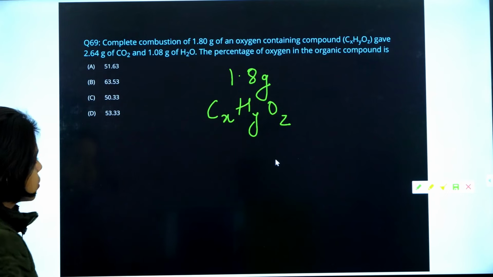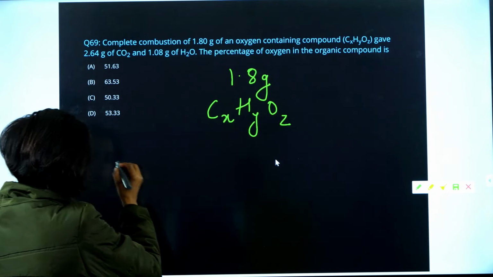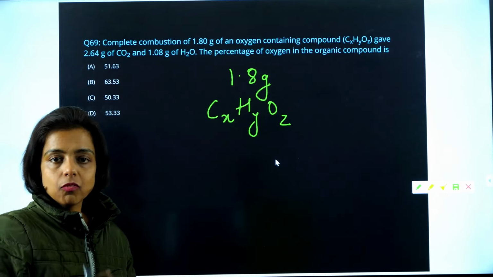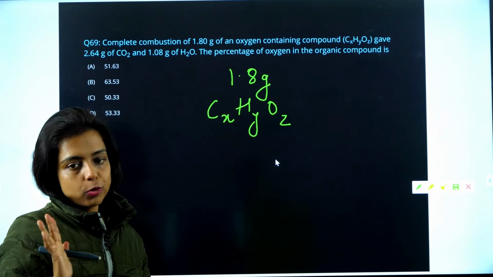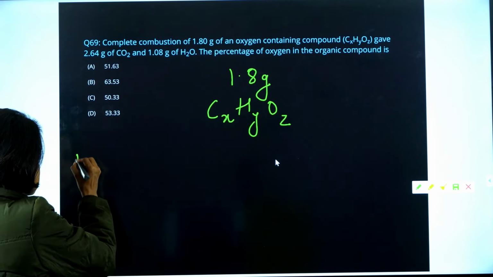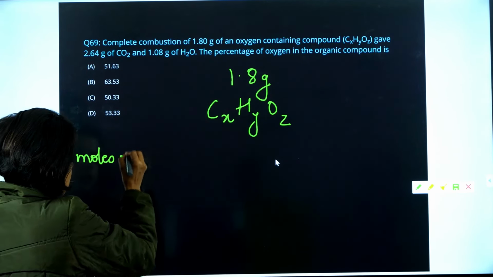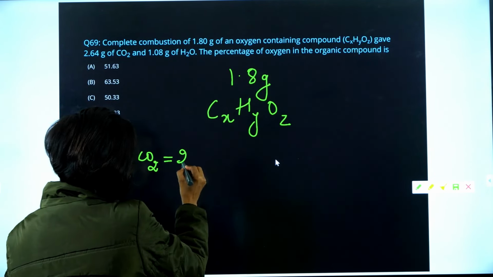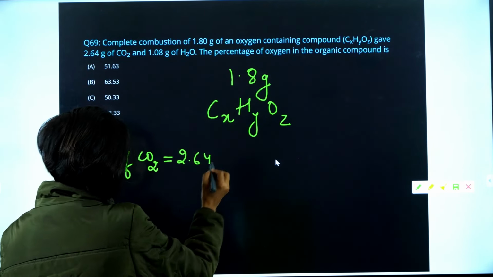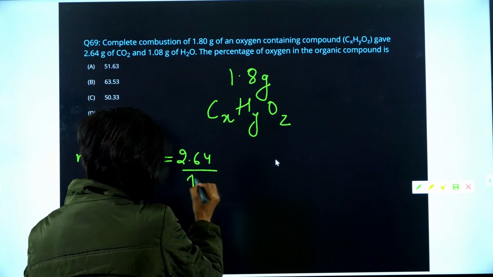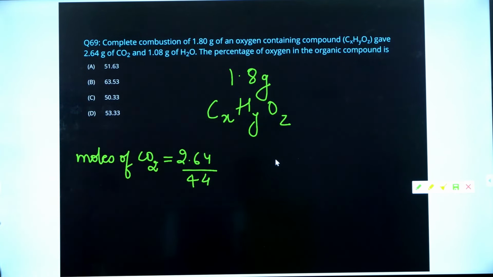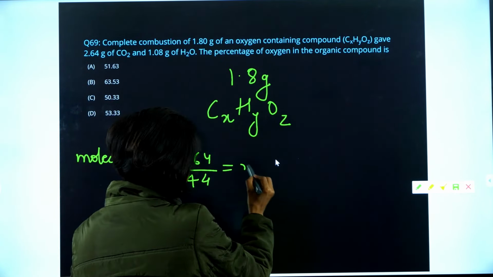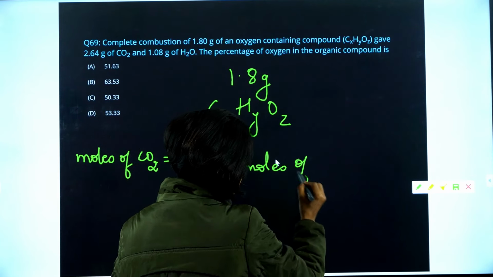The moles of CO2 is equal to the moles of carbon, since 1 mole of carbon gives 1 mole of CO2. So moles of CO2 is 2.64 gram divided by 44. These many moles of CO2 is equal to the moles of carbon.